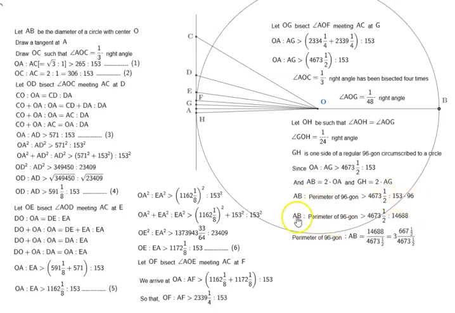Inverting it, perimeter of 96 gon is to AB is equal to, simplifying, we get 3 plus 667 and a half by 4673 and a half. Now remember, this is going to be a circumscribed polygon.